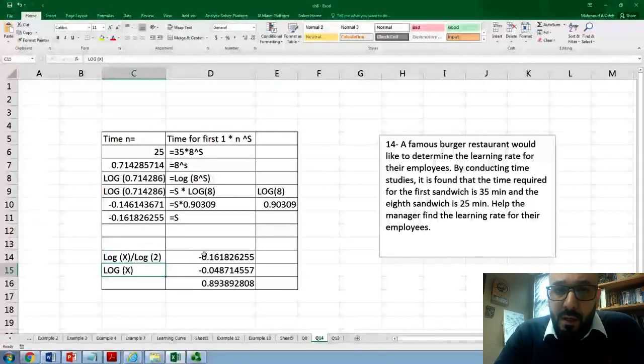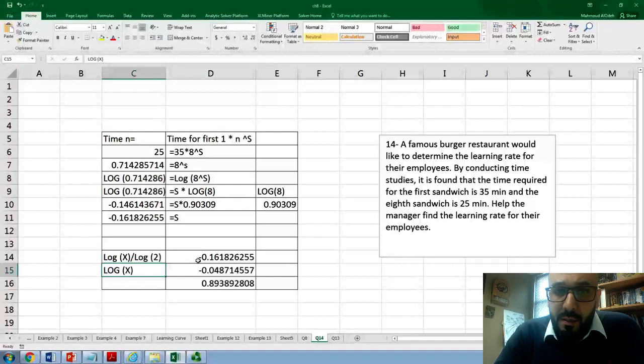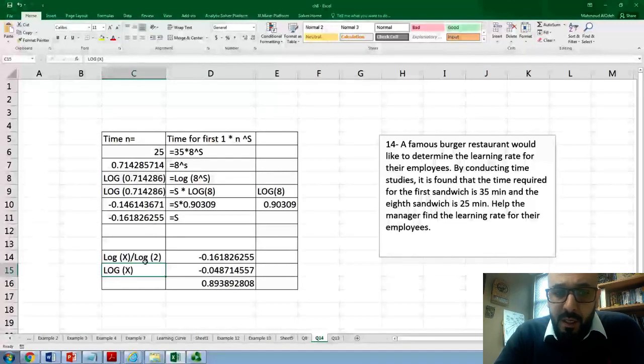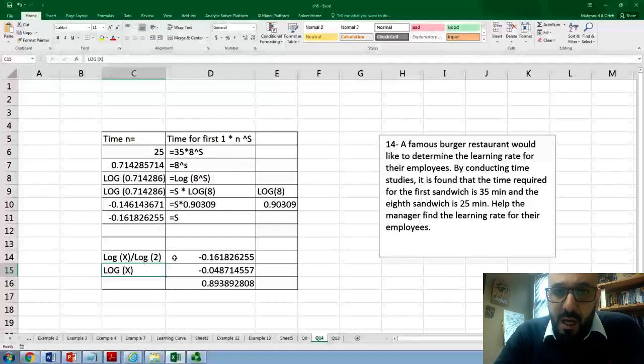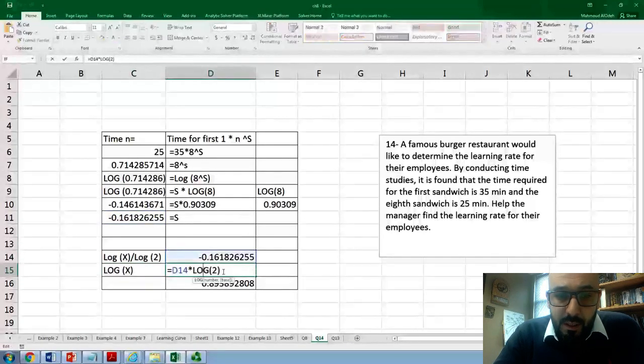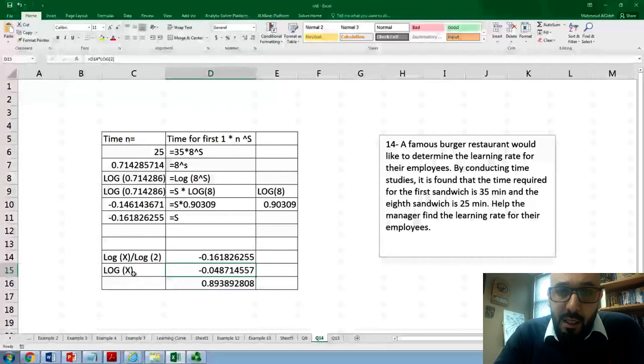This will give you negative 0.16, which we found here. So multiply both sides by log 2, and that would give you log x equal to negative 0.048.